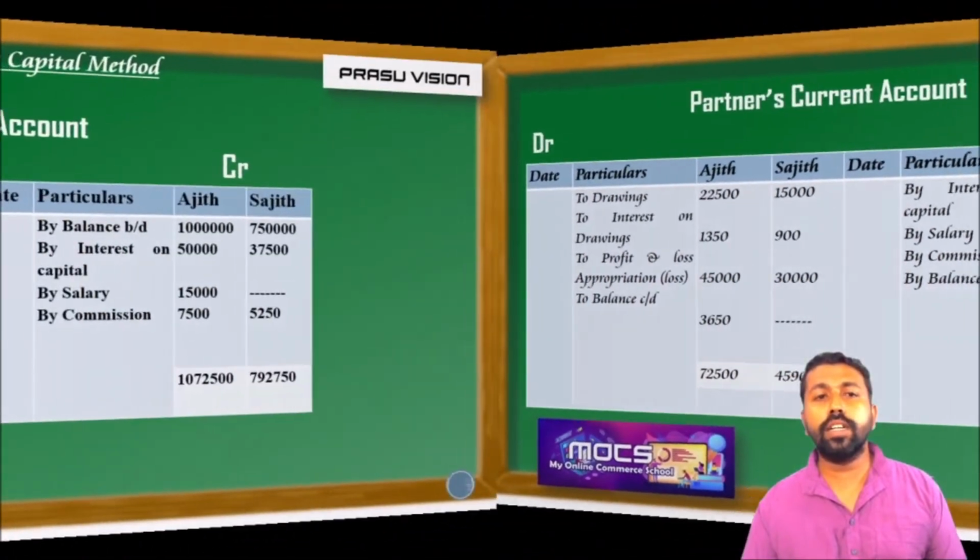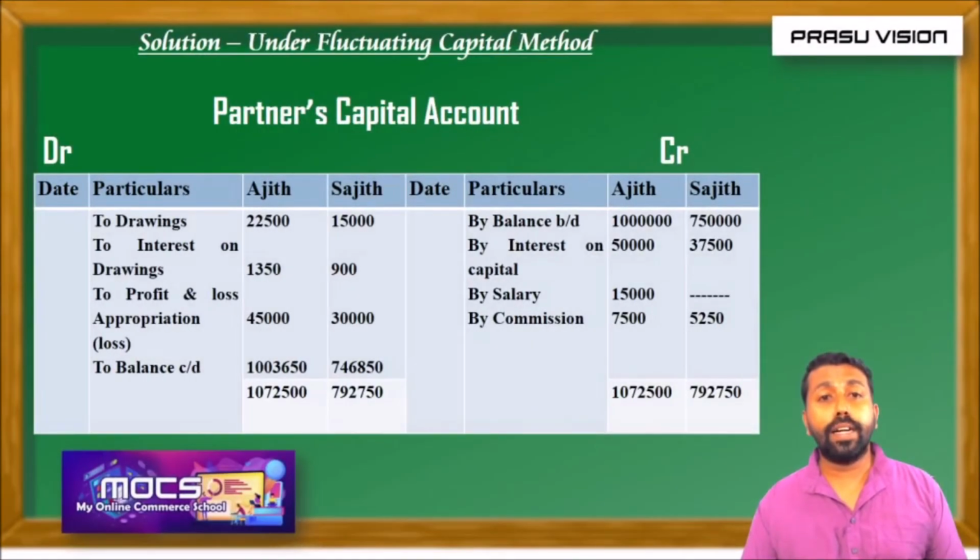Next we are going to learn how to prepare partners capital account under fluctuating capital method from the same problem. So under the fluctuating capital method, only partners capital account is prepared, no current account of partners is prepared.